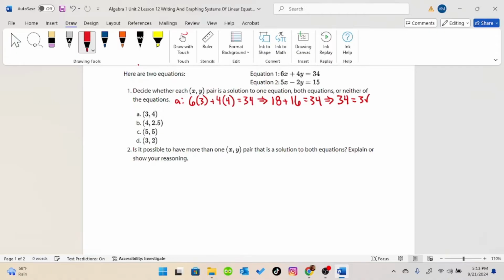That is true, so it does solve the first equation.